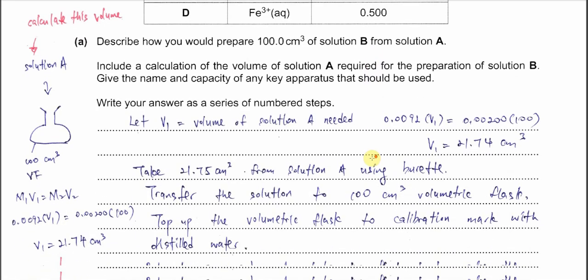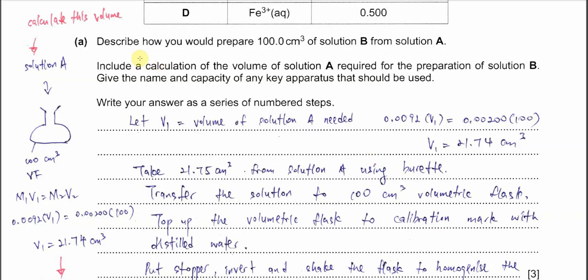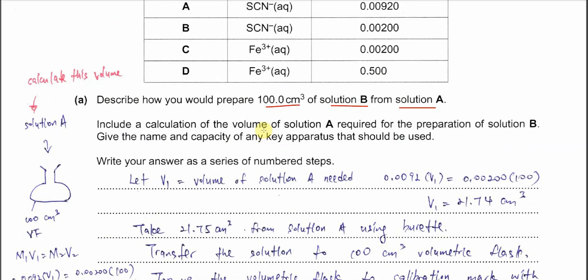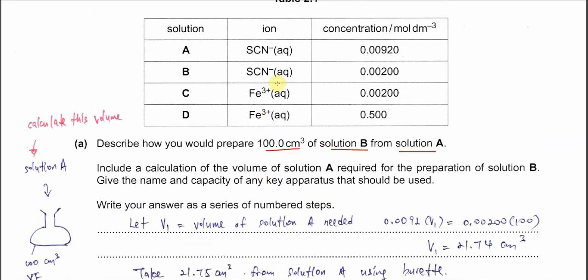Let's start with the preparation of the solution. Describe how you would prepare 100 cm³ of solution B from solution A. Solutions A and B are both thiocyanate solutions. A is more concentrated, B is a diluted solution.